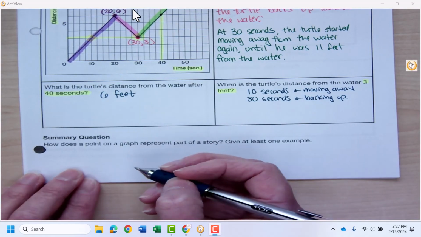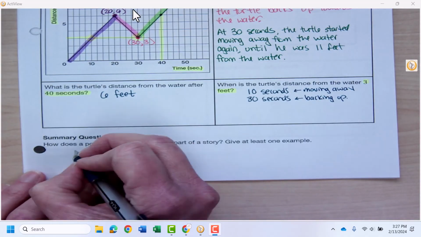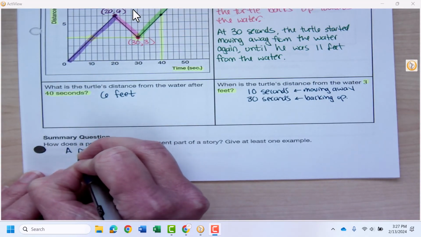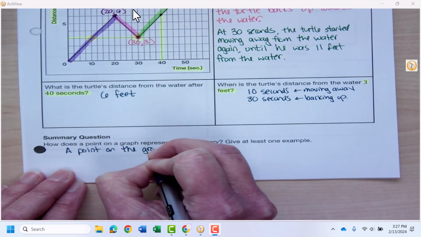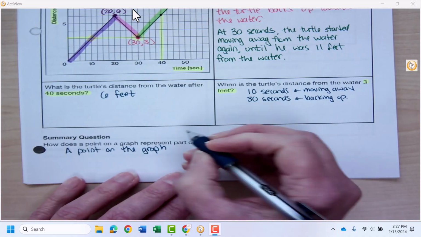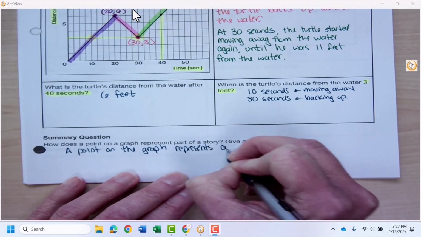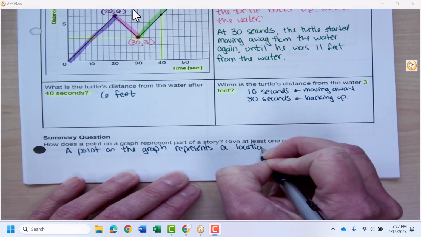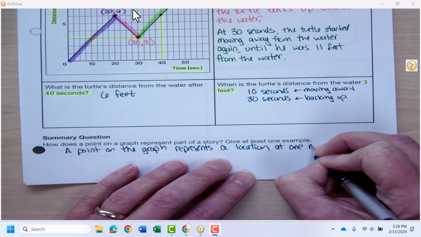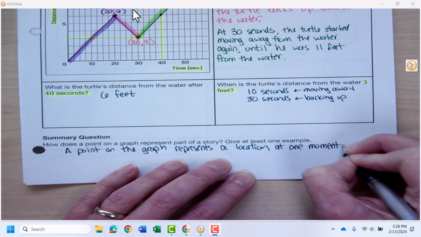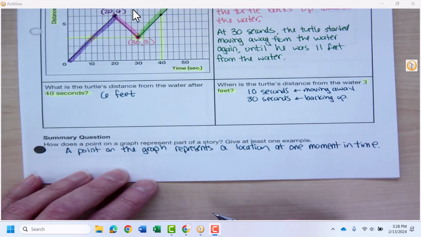We can say a point on the graph, on this graph, represents a location at one moment in time. At least that's what it is for this turtle scenario.